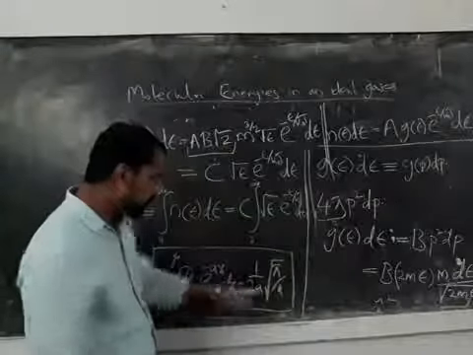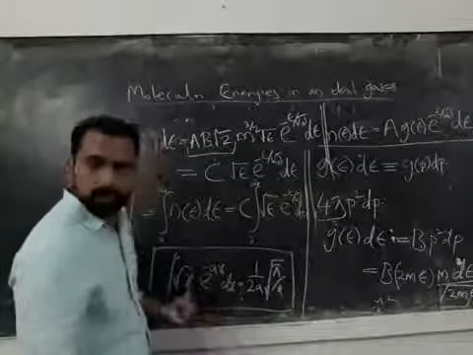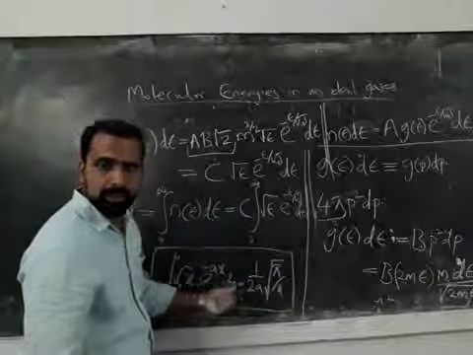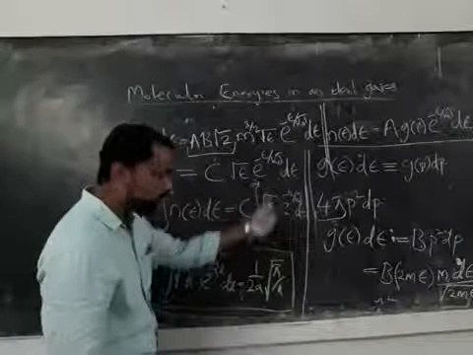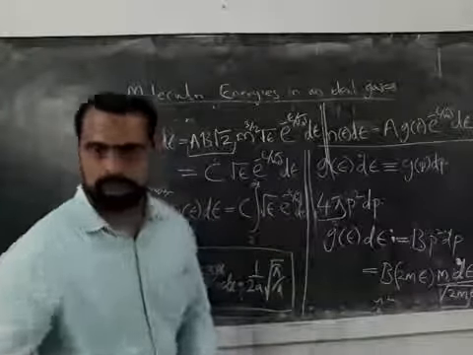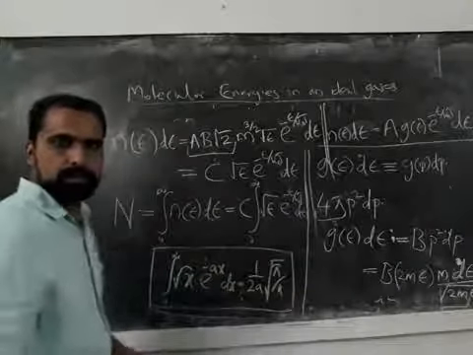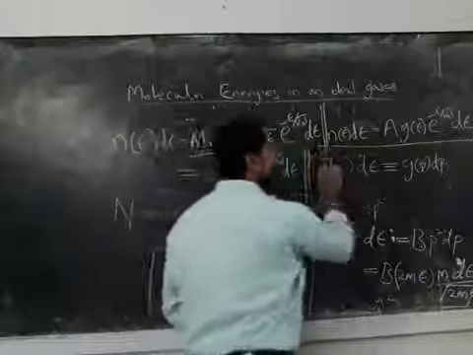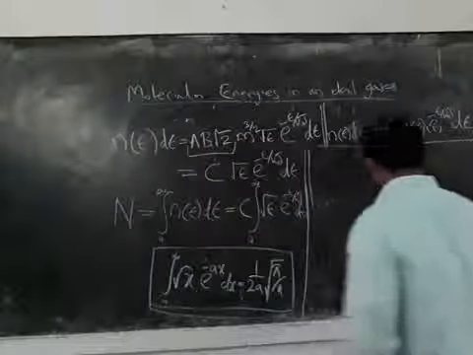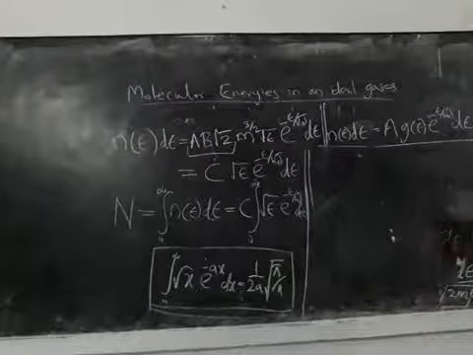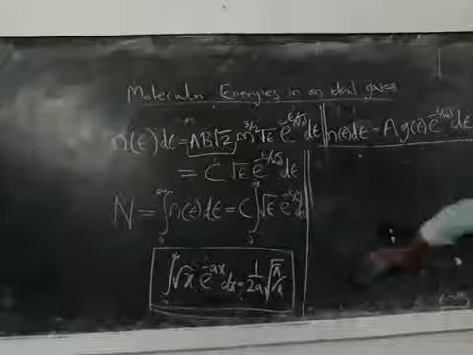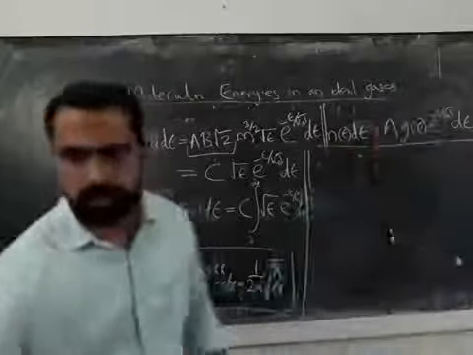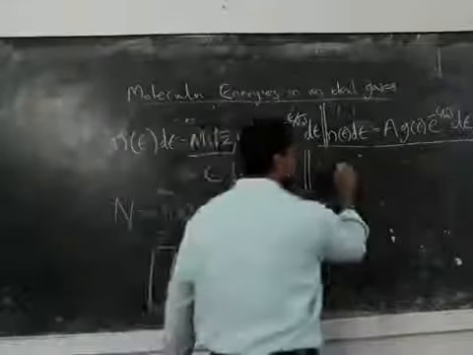Instead of x you have epsilon, and instead of a you have kBT. So what will you get finally?